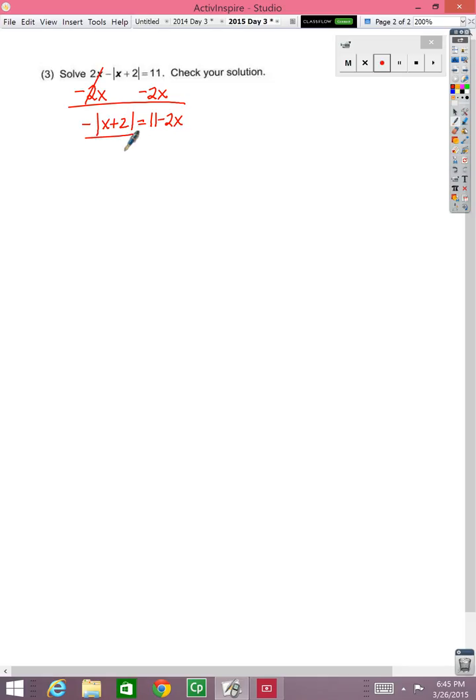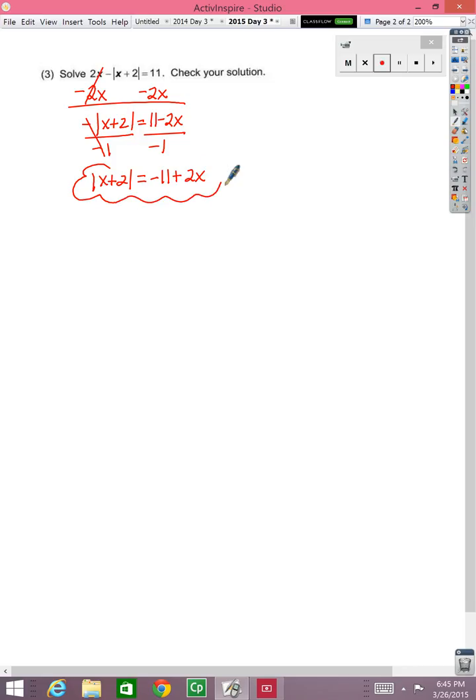Now I'm going to divide by negative 1. Now I have the absolute value of x plus 2 equals negative 11 plus 2x.